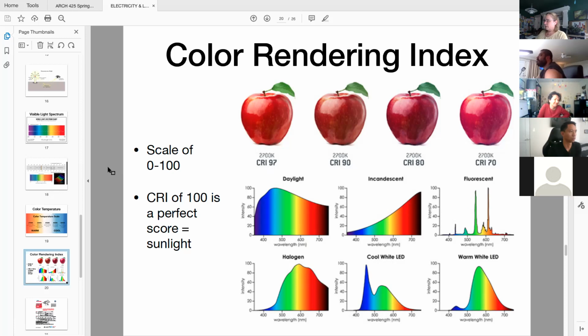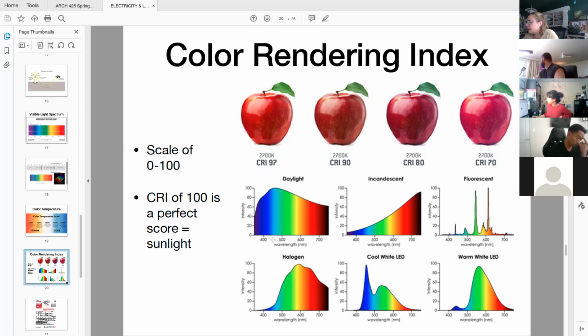Different technologies of light bulbs or lamps will produce different CRI values within different visible spectrums. So, for instance, daylight.